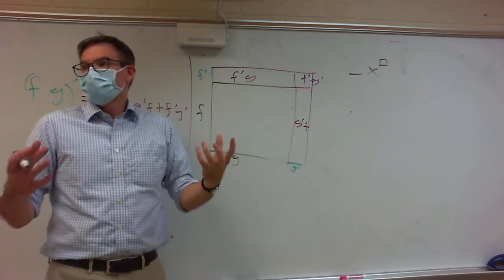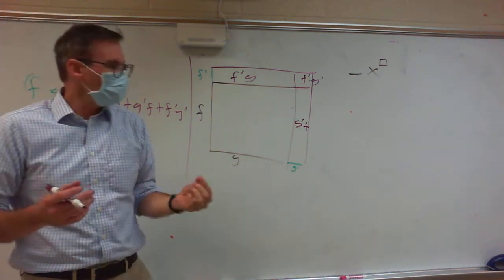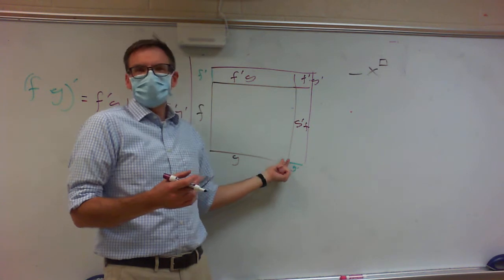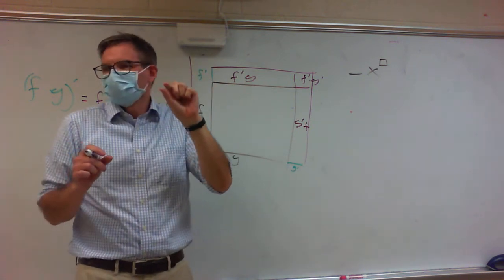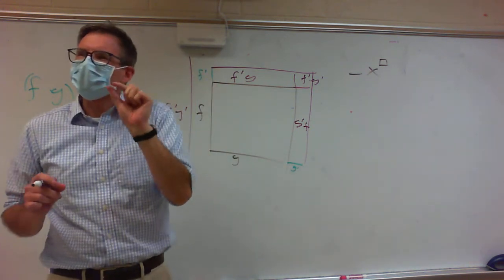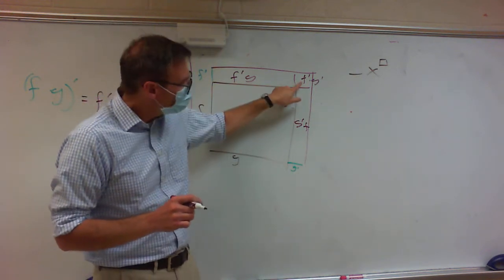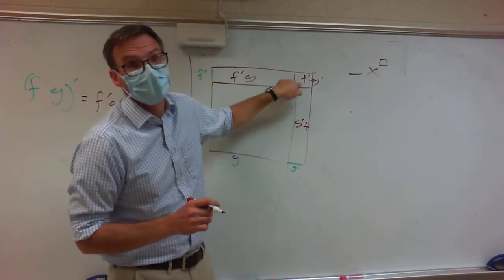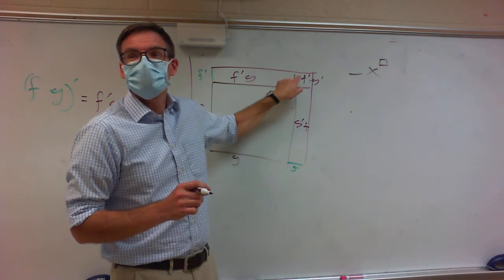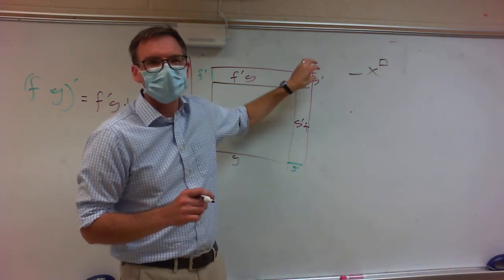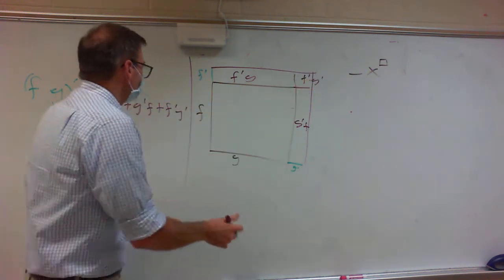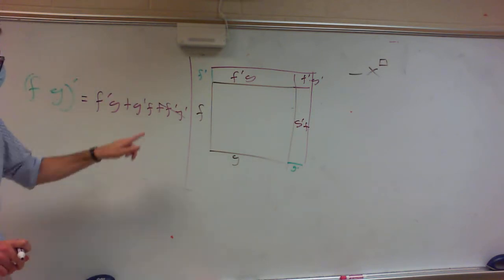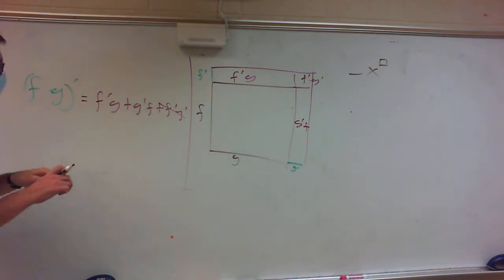Realistically, g prime and f prime are really, really small. And if they are, this little guy is going to be so small that we're just going to think of it as going to 0. So f prime times g prime doesn't matter.